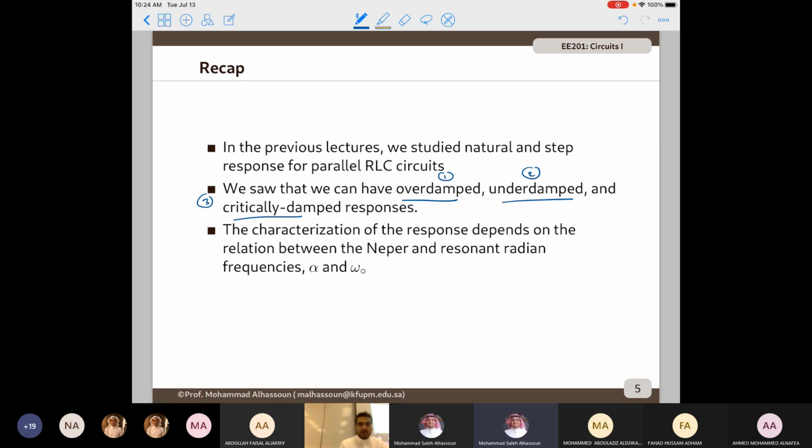The resonant frequency is omega naught, which is 1 over square root of LC. The Neper frequency is 1 over 2RC, and both of them have a unit of radians per second. Depending on the relation between them, we can have either overdamped, underdamped, or critically damped response.